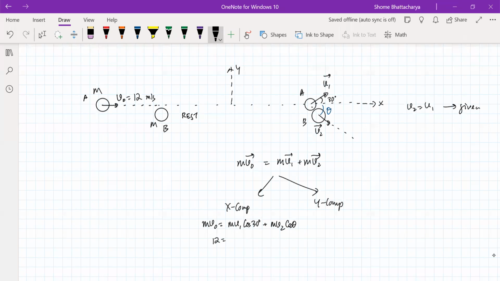So 12 is equal to root 3 by 2 v1 plus v2 cos theta.